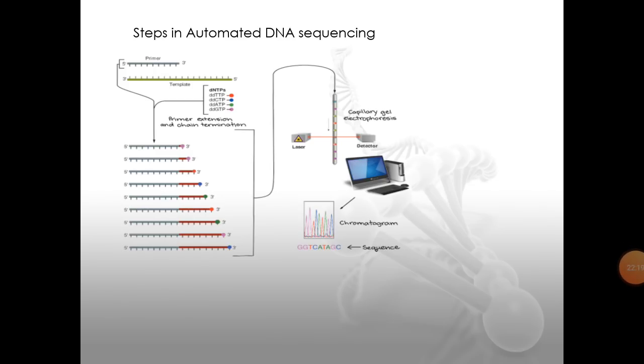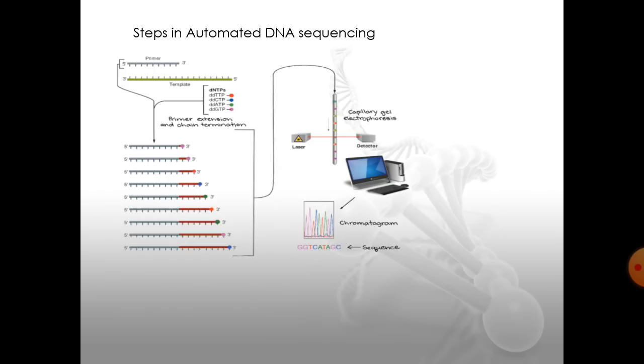Once the reaction is done, the fragments are run through a long thin tube containing a gel matrix in a process called capillary electrophoresis, which you can see here on the screen. So here the short fragments move quickly through the pores of the gel, while the long fragments move more slowly.